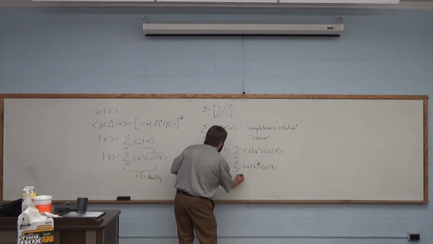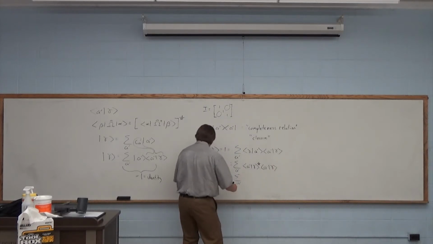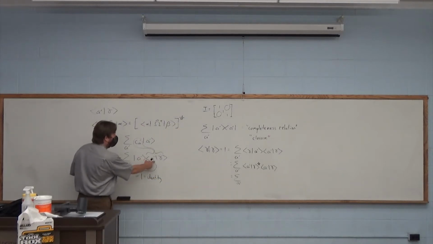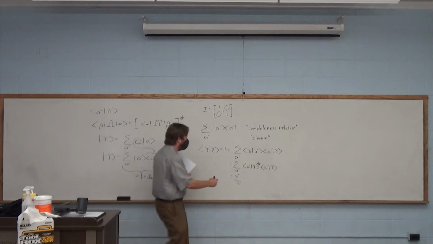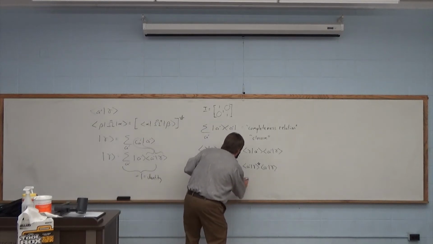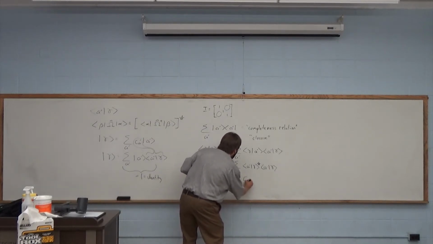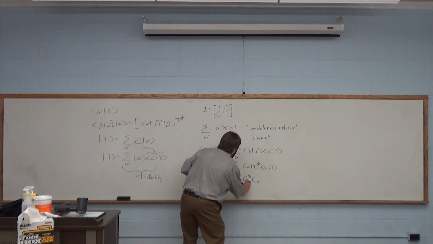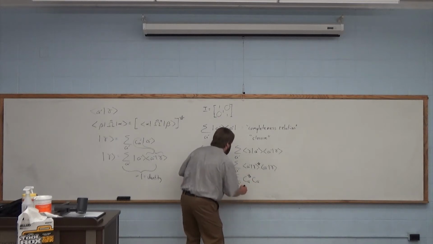Based on what I wrote before, this thing is the coefficient. So what I've got here is the sum of the expansion coefficients, the complex conjugate times itself, the number, not the complex conjugate.